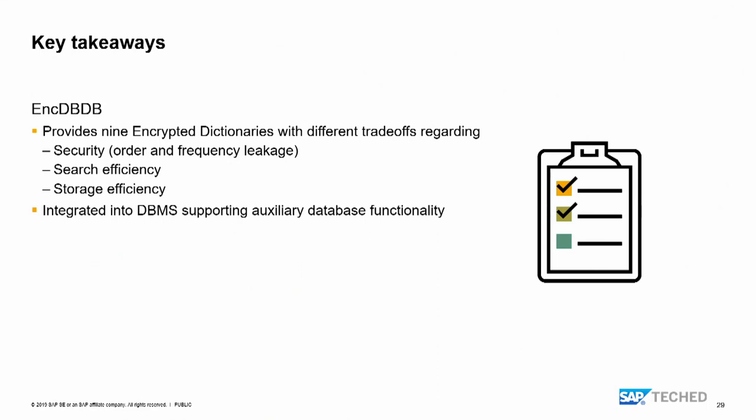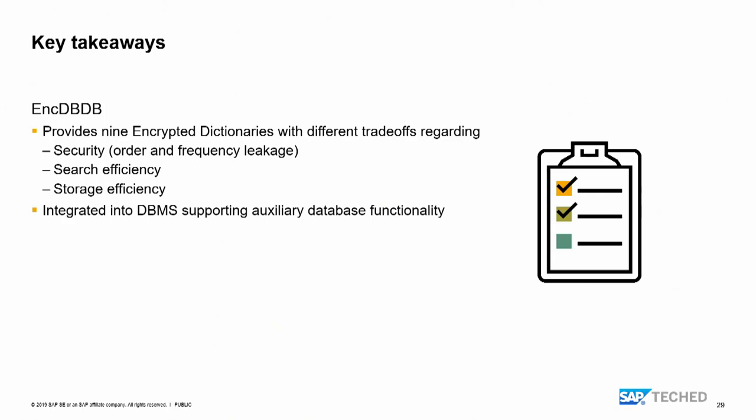The second point of the key takeaways: from research, we integrated it into an open source data management system. And this database management system still supports all the auxiliary database functions. So your query pipeline, query optimizations, all of that, you can still use. We only extracted this little part, the dictionary search, and put it into the enclave.